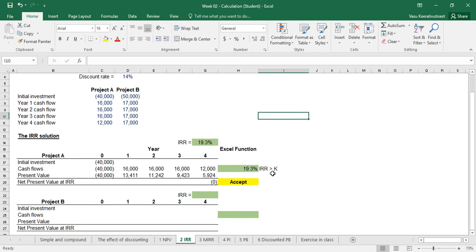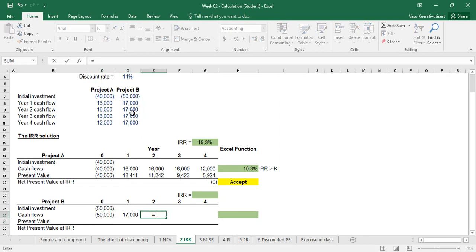Let's see what will happen in the second project. I do the same thing, equal to 50,000, 17,000. Okay, then I have to put the dummy first here.